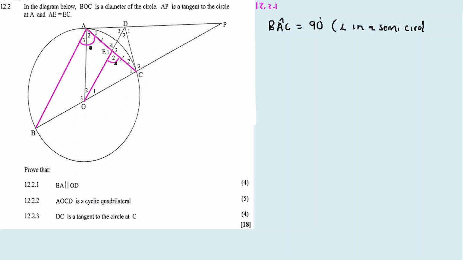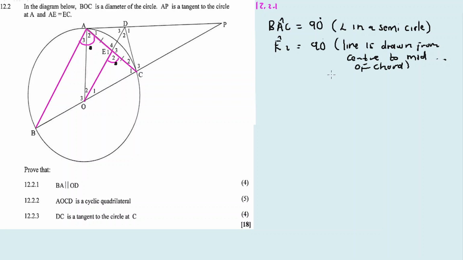semicircle, in a semicircle, and then angle E2, it's also equal to 90 degrees. Why do I say so? Because of the line that is drawn from the center to the midpoint of a chord.